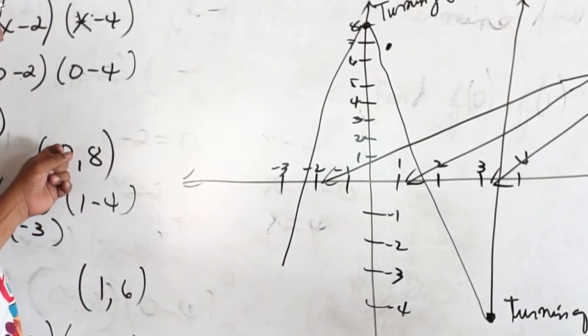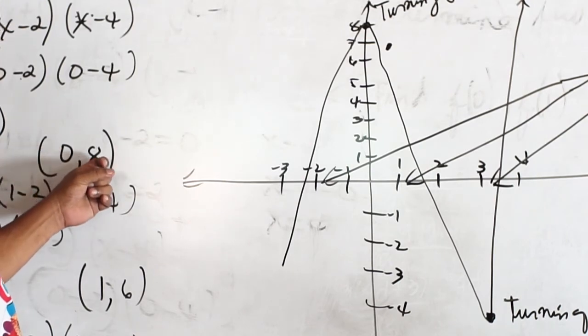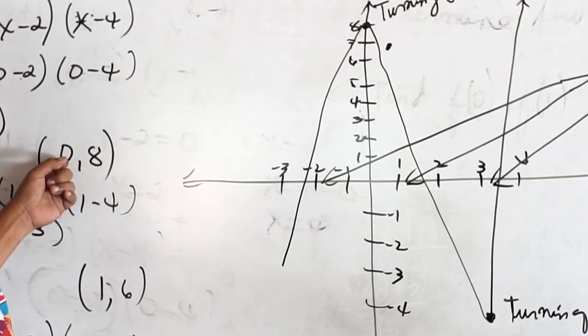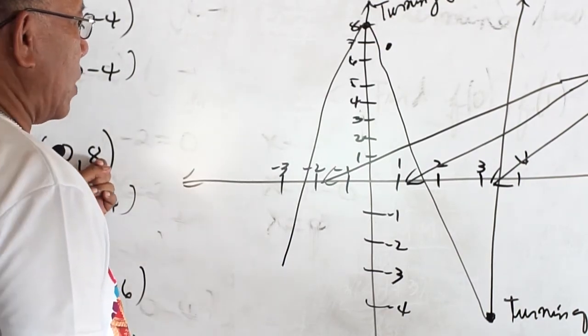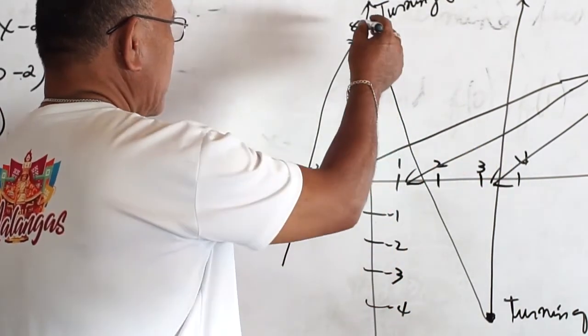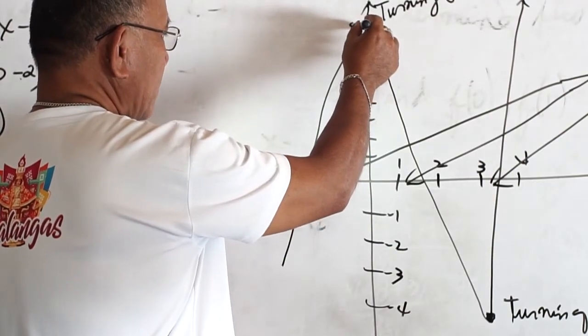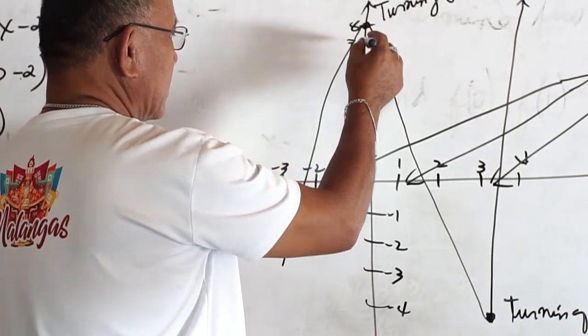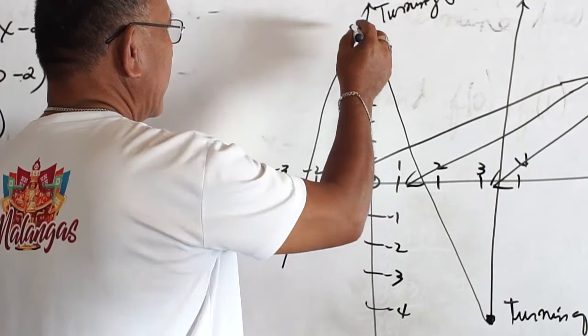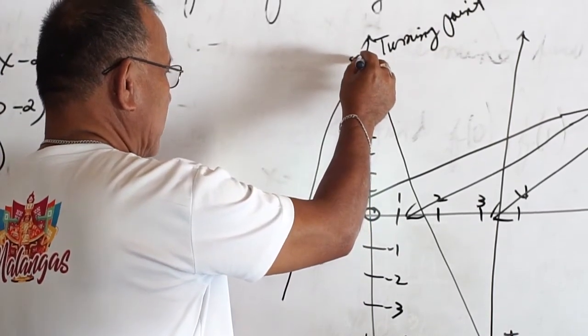We have 0 and 8. 0 is the x-coordinate and 8 is the y-coordinate. So your x is 0, then your y is 8.